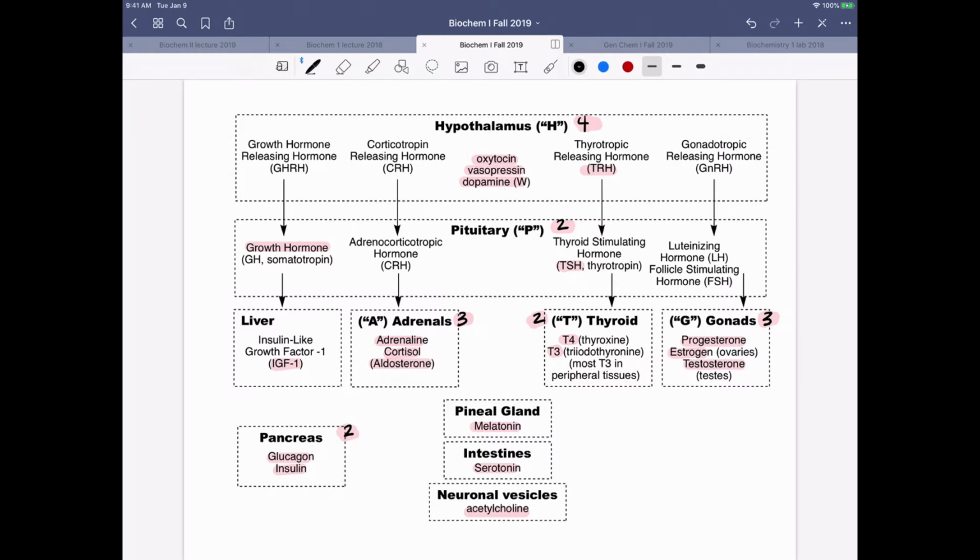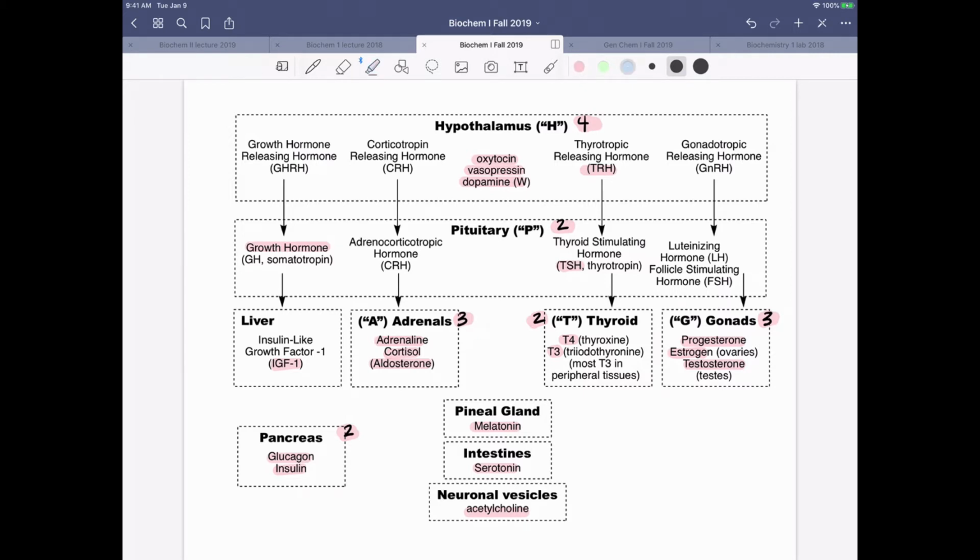The H stands for hypothalamus, the P stands for pituitary, and there are 4 of these axes that we're going to discuss, 3 that we'll spend a little more time on, 2 in particular. I'm going to first highlight what these axes are, and then maybe we can use that as a framework to help us think about the different hormones that we have here.